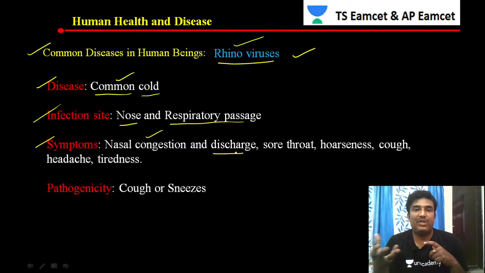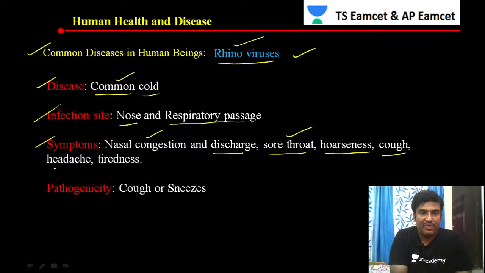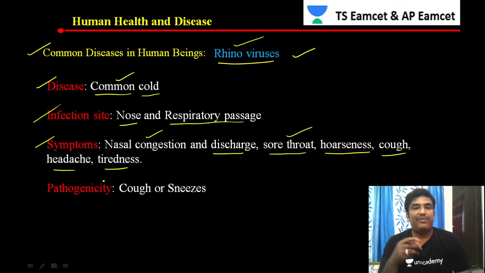At the same time, we also see sore throat and hoarseness, so the voice changes. Then cough, headache, and tiredness. So these all are the symptoms.